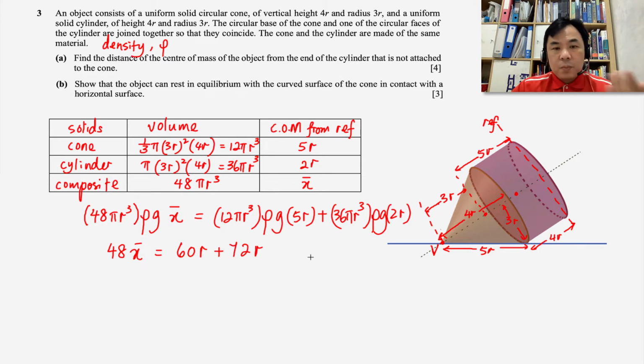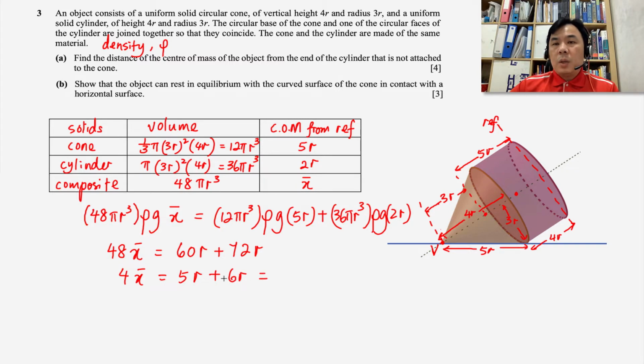For instance, you can simplify with 12, right? I'm going to divide everything by 12, and then that will be 4 x bar, and this one will be 5r. And then if you divide by 12, it will be 6r here.